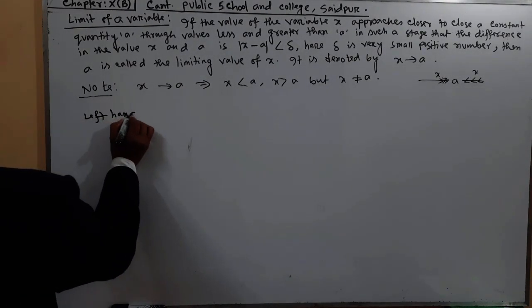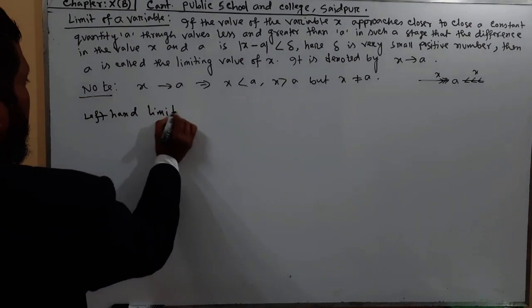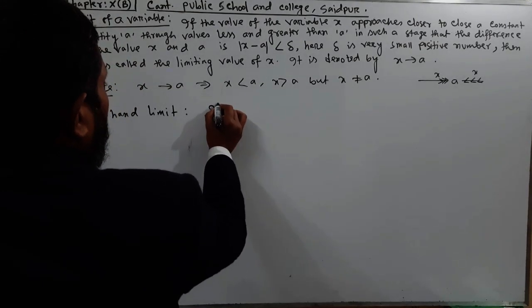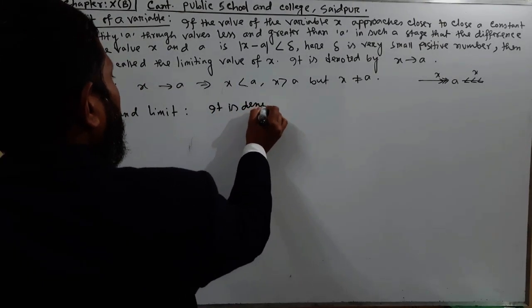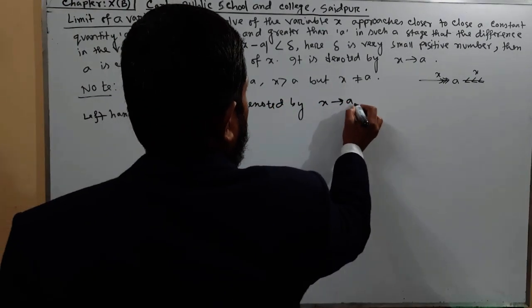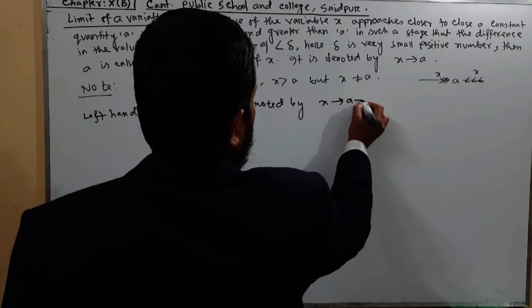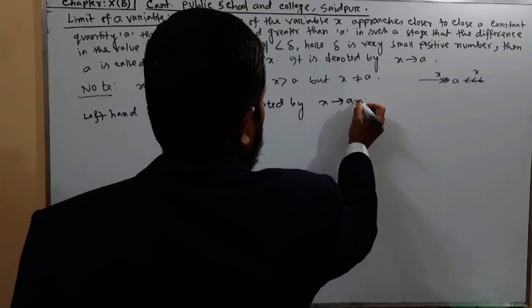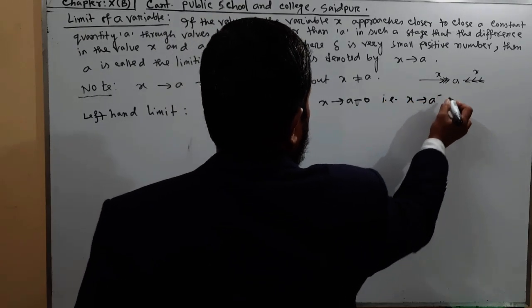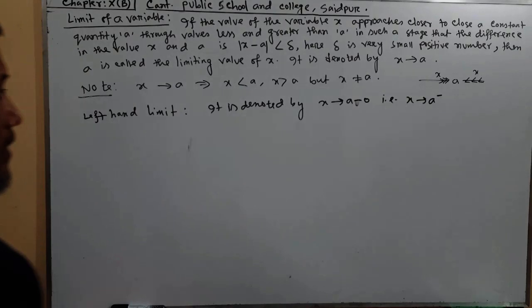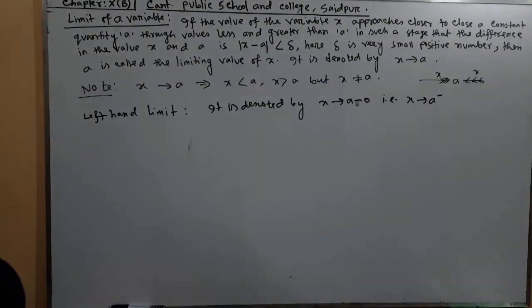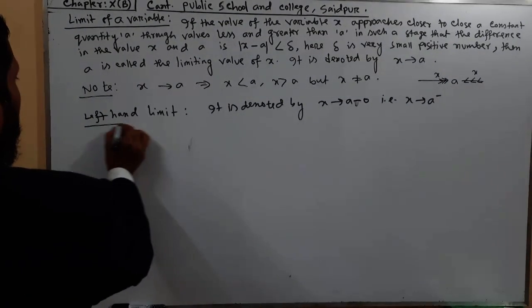It is generally denoted by x tends to a minus 0, that is x tends to a from the values of x which are less than a. This is the left hand limit.